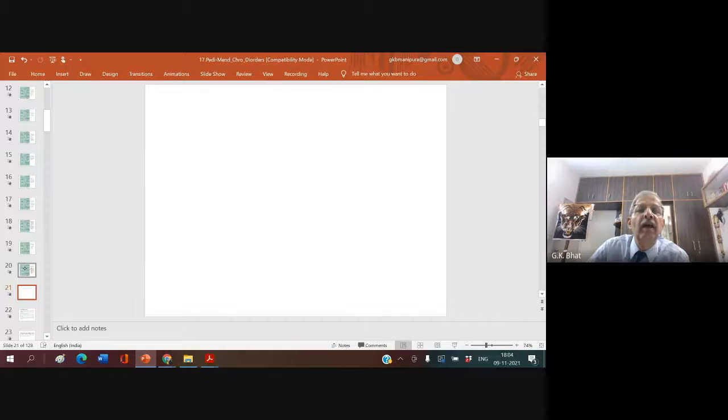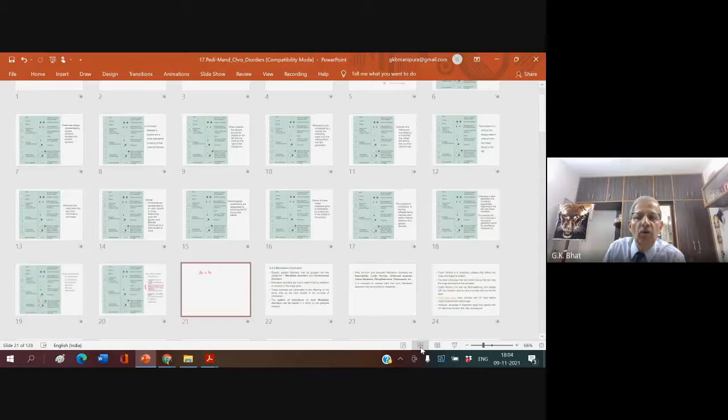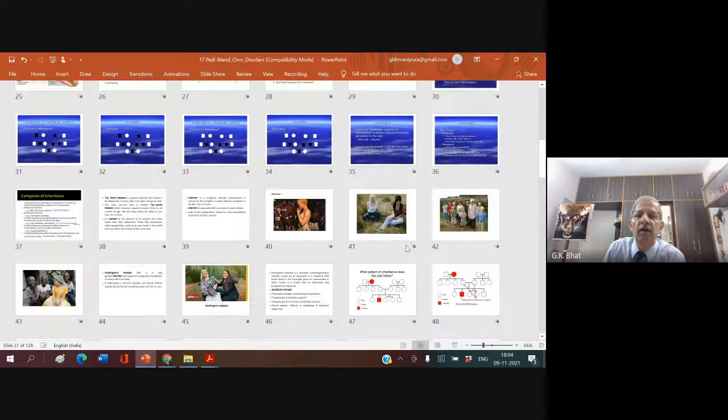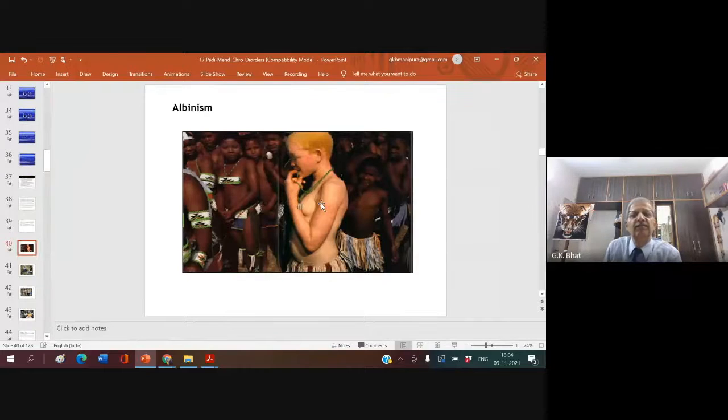There is a girl heterozygous for albinism. A boy also heterozygous for albinism. Albinism is a condition. Can you see this?